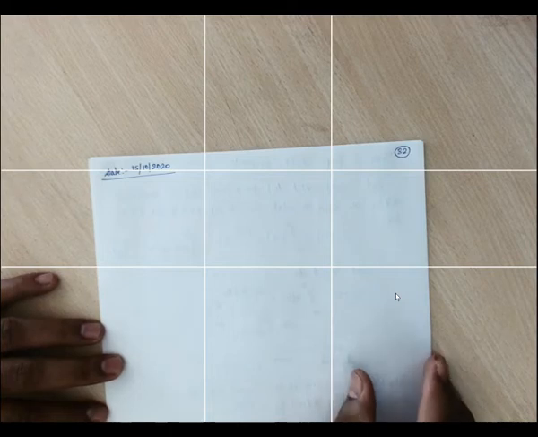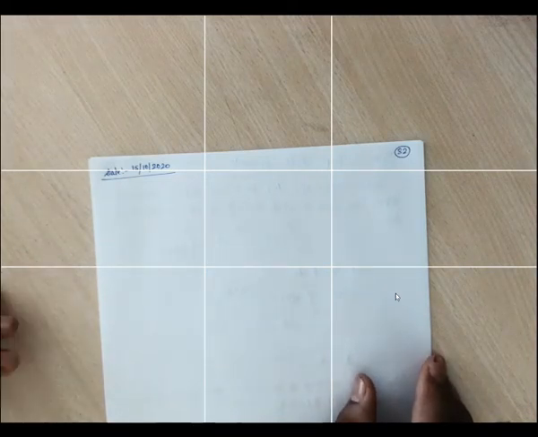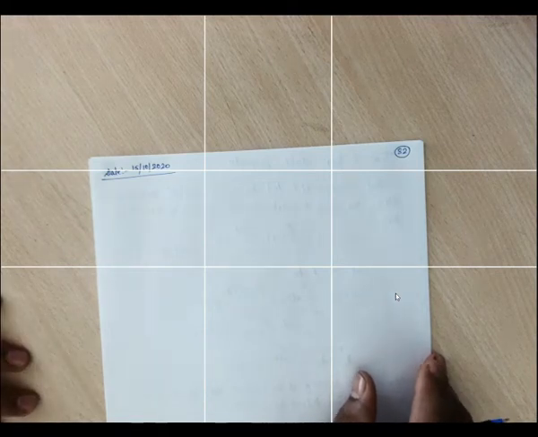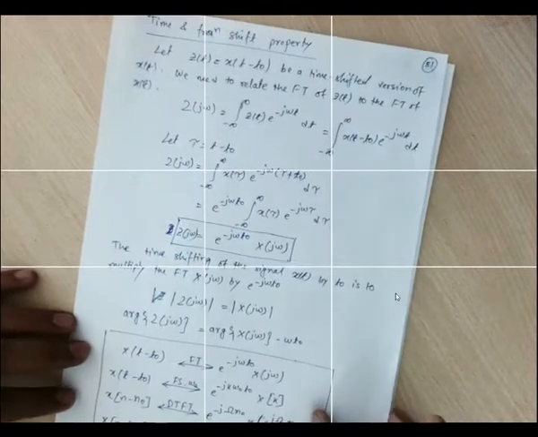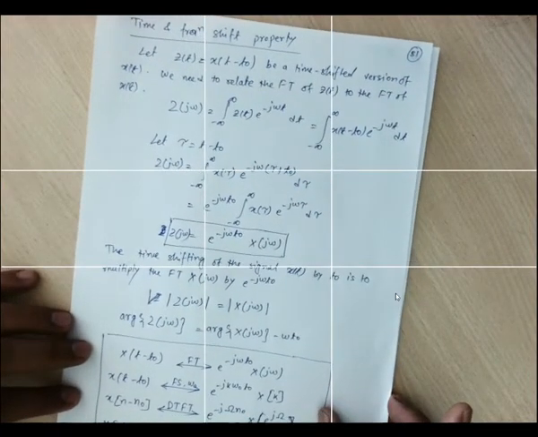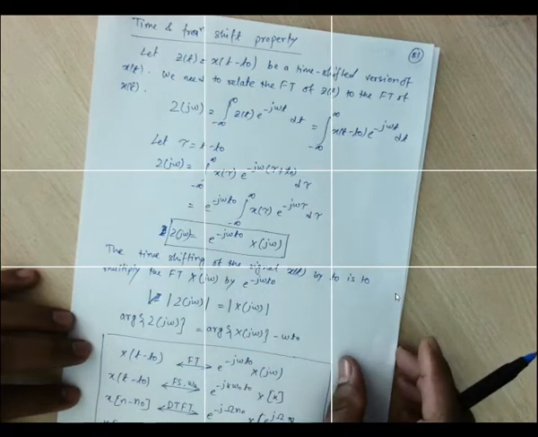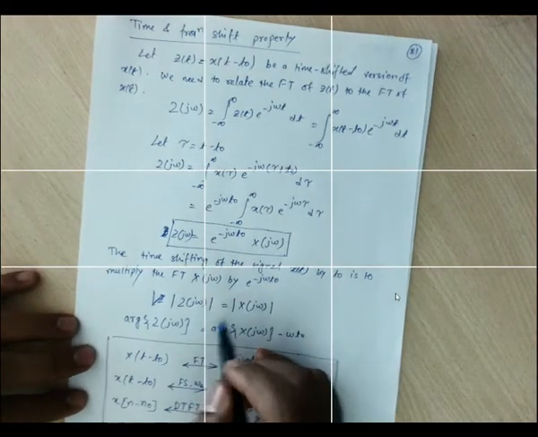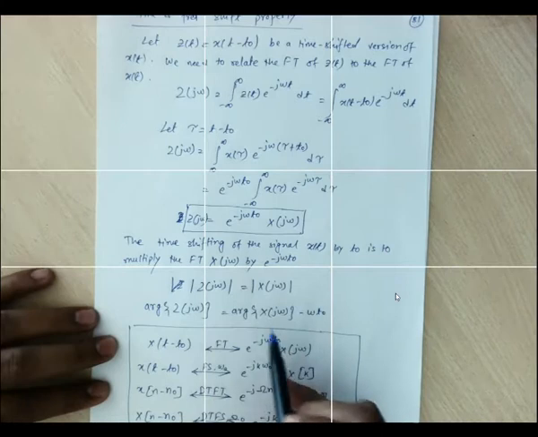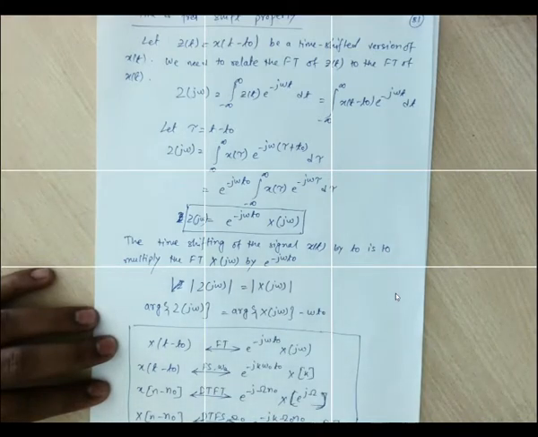Okay. So last day we've seen the time shift property. Let us solve a problem regarding that. This was the thing what we've seen, that if the signal has been time shifted, then we're supposed to have the variation in the phase. The magnitude part remains same. Only the difference coming in the argument.